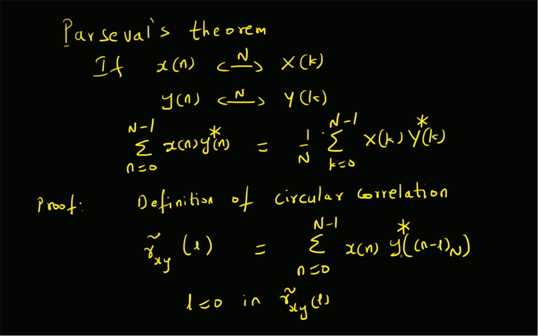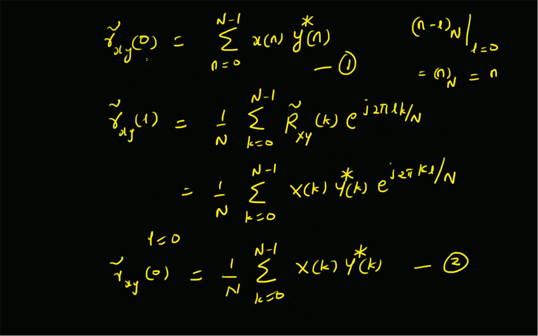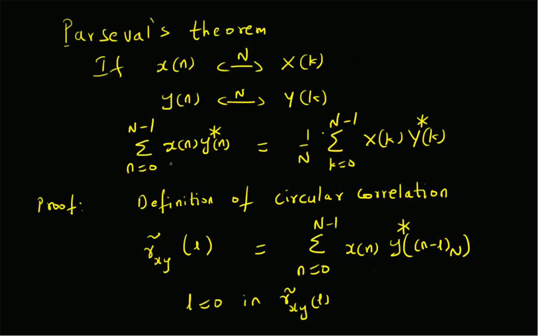Then we simply put L equal to 0 in the definition, and we have the value at L equal to 0, which is basically the sum of the product of x[n] and y[n] conjugate. And then we have a similar proof in the frequency domain using the IDFT of the product X[k] and Y[k] conjugate. So by equating these equations 1 and 2, especially on the right hand side, we have the Parseval's theorem. Hence the theorem is proved.